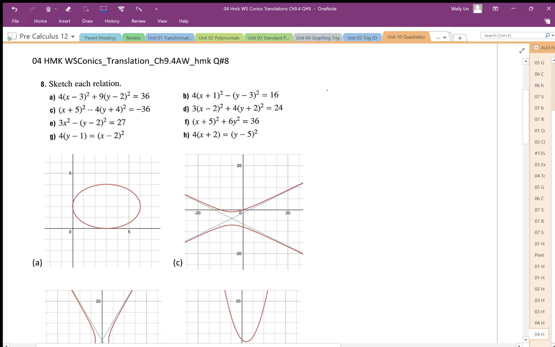So the first thing I'm going to do is first of all find out the a and b values. So I'm going to divide both sides by 36. So dividing, I have 4 over 36, that simplifies to 1 over 9. 9 over 36 simplifies to 1 over 4.